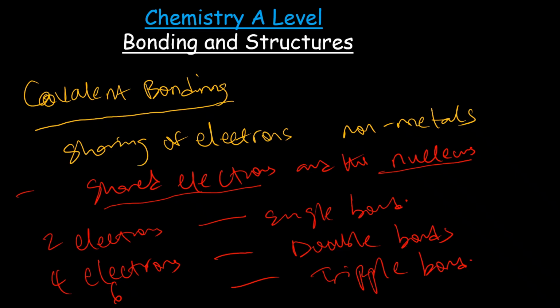Now we're going to look at how to represent covalent bonding with examples. We're also going to use dots and crosses to represent this bonding. An example of covalent bonding can be seen in the chlorine molecule Cl2, and this is formed when two chlorine atoms share electrons.